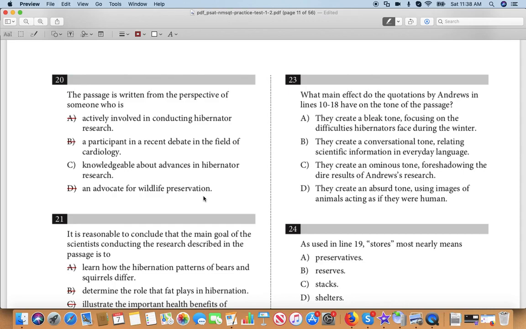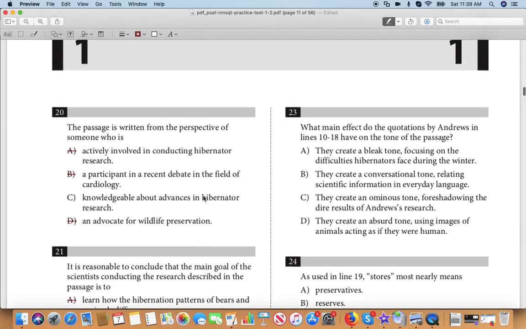So, do they create a hopeless or harsh tone? No, they're kind of goofy, right? You bring your own lunch with you. That is where it's at for a hibernator. It's not bleak. This is a little tricky because the second half is kind of a true statement. They focus on the difficulties hibernators face during the winter.